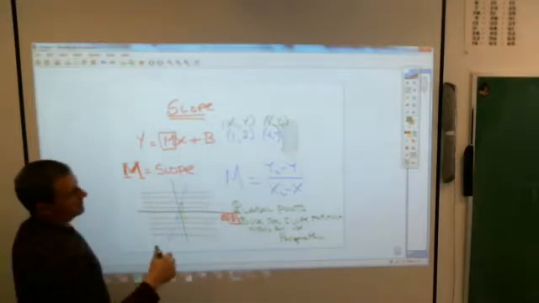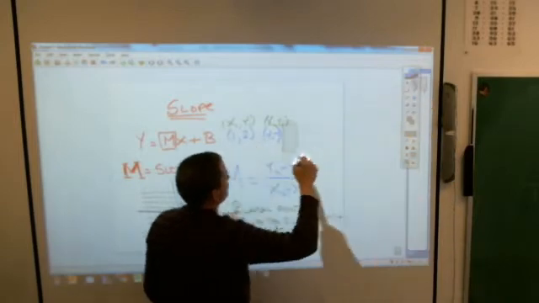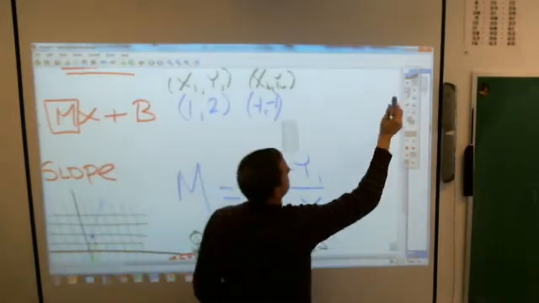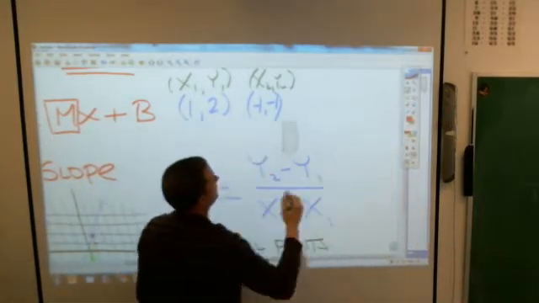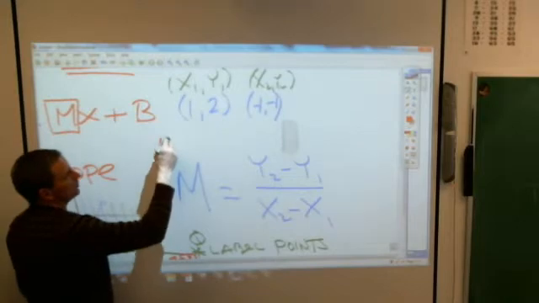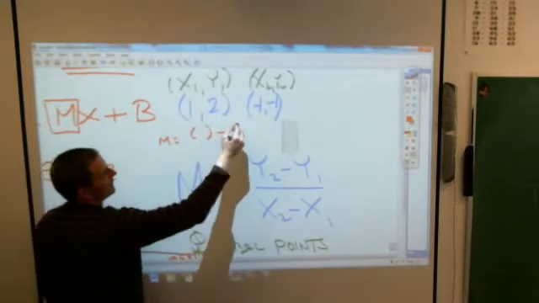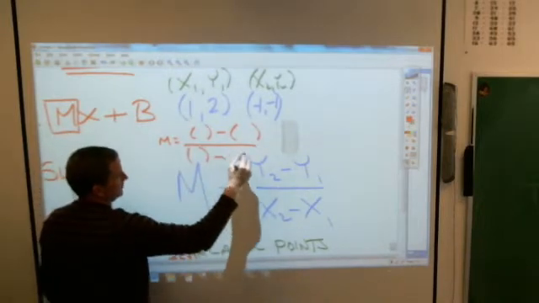Which means, children, this is how this would look. Here, I'm going to blow this up. This is my formula. These are the points I'm plugging in. I will use red. So, slope equals, I'm going to put parentheses, that's my y2 minus my y1 over my x2 minus my x1.